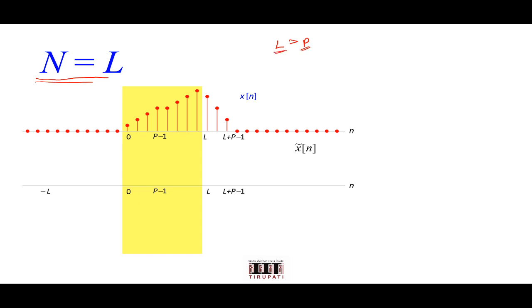This is your finite length sequence. What would happen if you are simply computing an L point DFT instead of your N point DFT, where your N is not L plus P minus 1 but simply L?